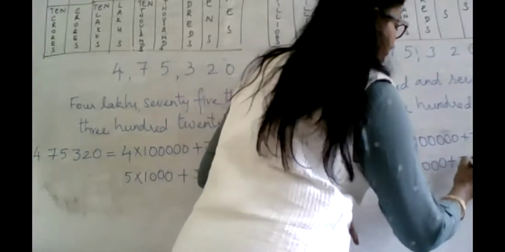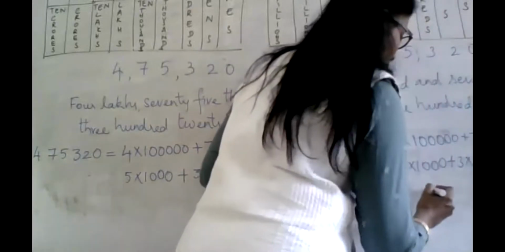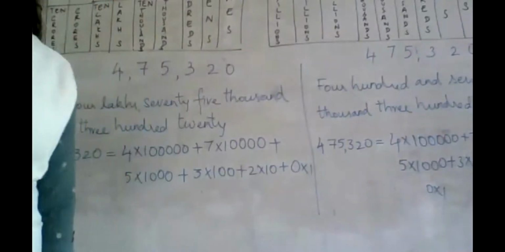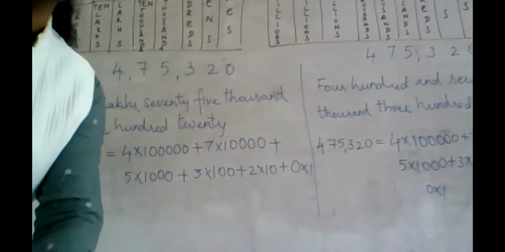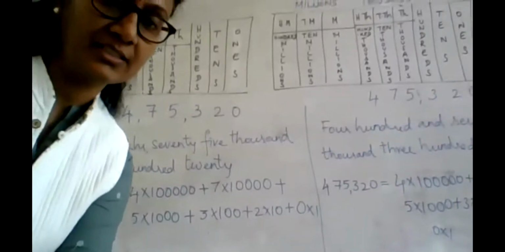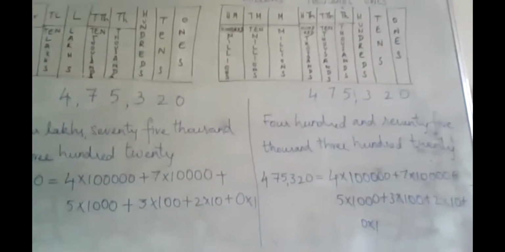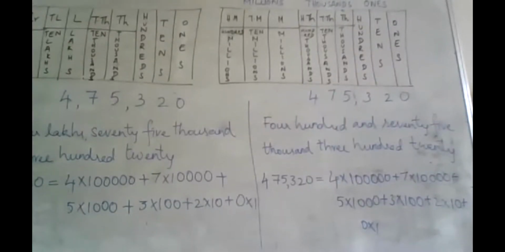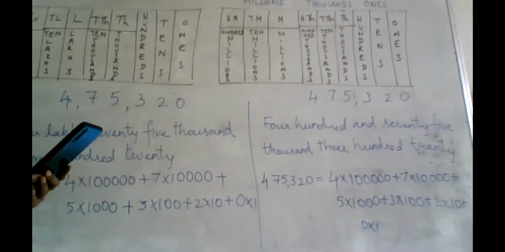Then you have 3 in the hundreds place, 2 in the tens place, and a 0 in the ones place. So that is how you write in the expanded form for the international system. I hope you're seeing it. So this is how it will look in the international system. So that's how you have given the expanded form in both the systems.